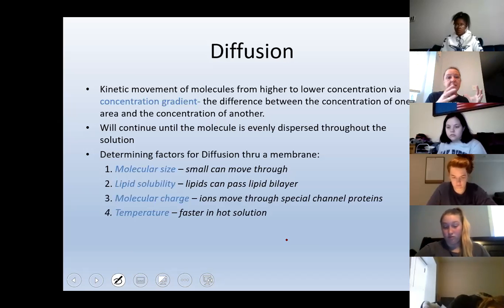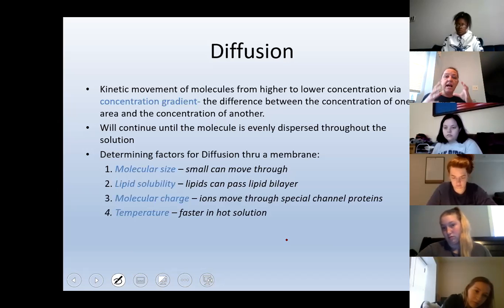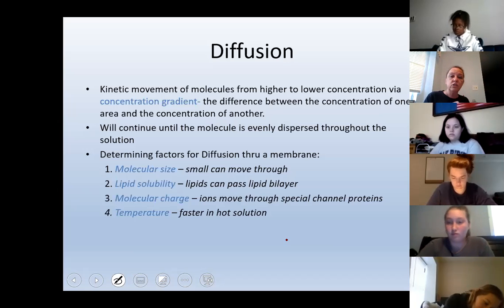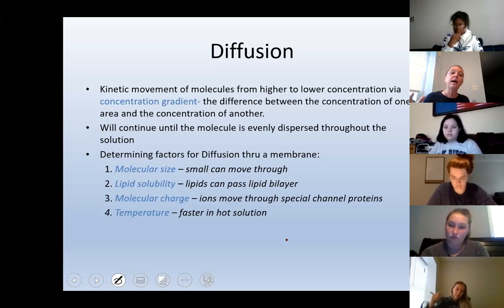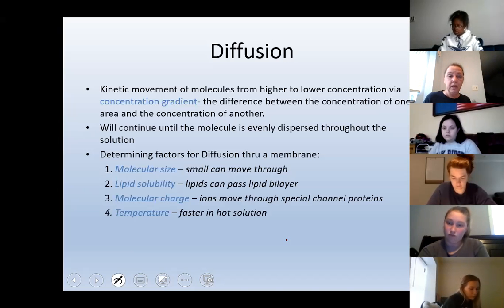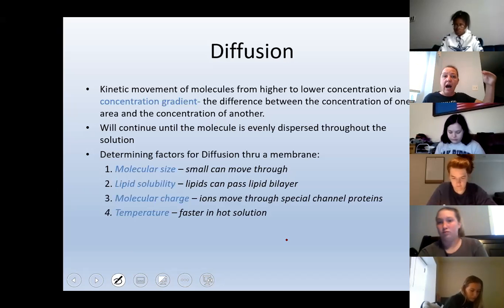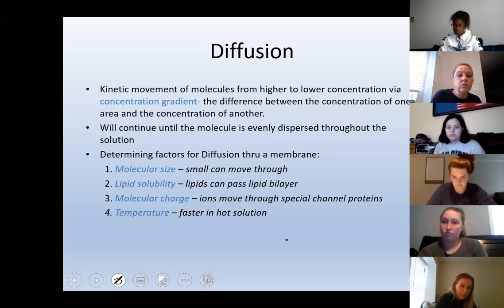And so the inside of the stadium has a very, very high concentration of people. And they're all moving to the parking lot, which has a very low concentration of people. And the difference between these two, the higher the concentration, the faster these molecules are going to want to move.